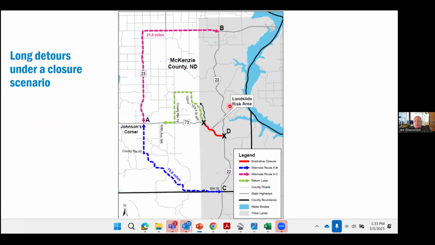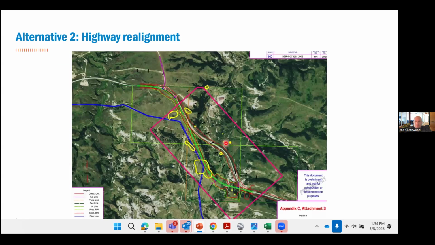Looking at a realignment, you can see how far around you'd have to travel if this section of highway were closed for whatever reason. So this is alternative two, with a realignment that's relatively close to the project, but not crossing the scarp here.